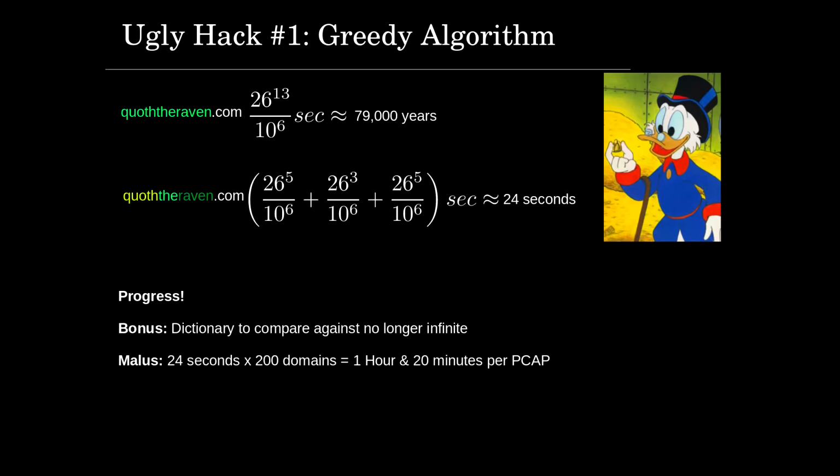Now, first of all, by using this imprecise approximation, you can expect your running time to drop by a lot, because the length of the input that you feed into the edit distance algorithm has an exponential relation, as I said earlier, to the time you can expect the search to take. You can see the numbers here, the difference is drastic. But the more important thing is that now we're actually comparing against a finite dictionary, and that's progress.